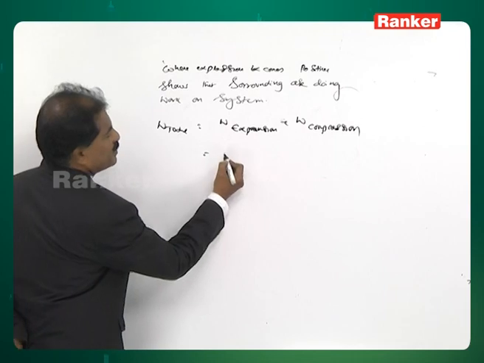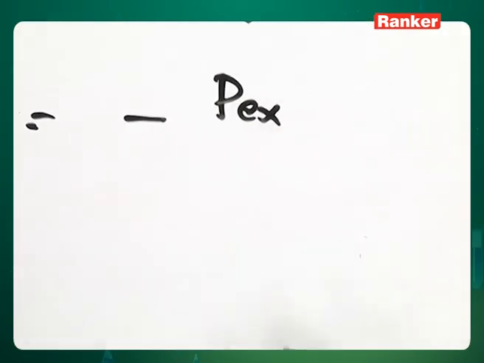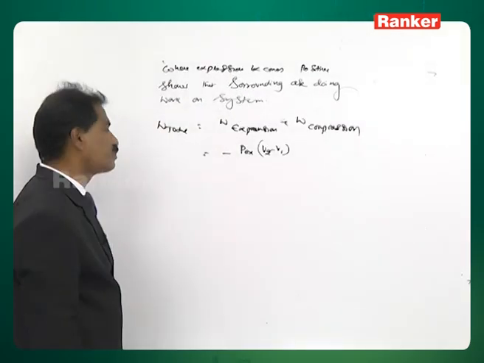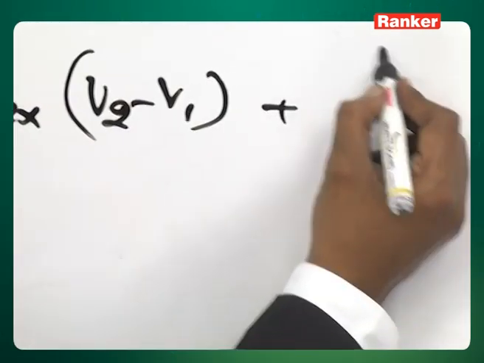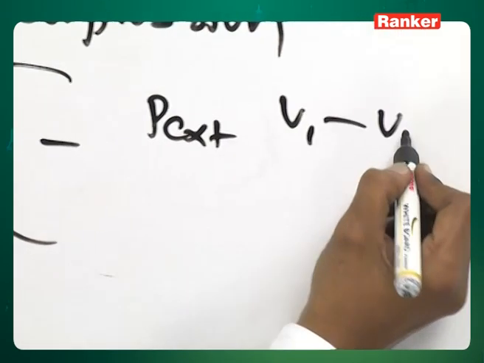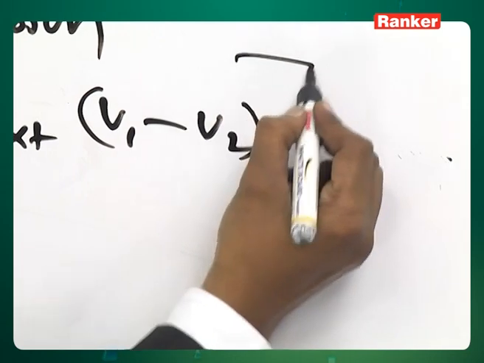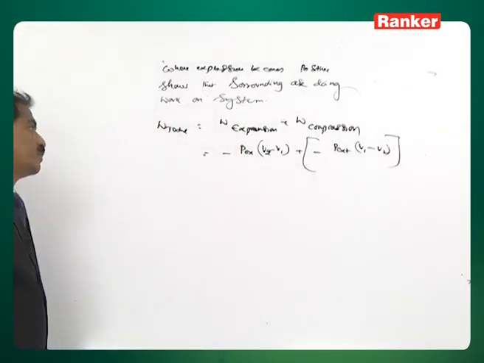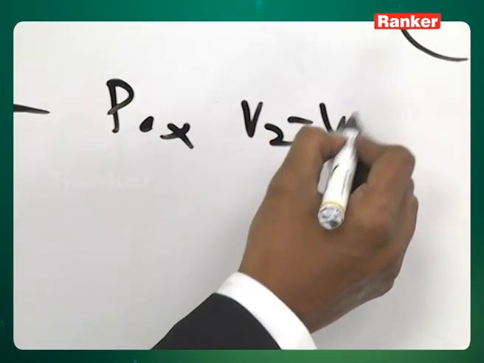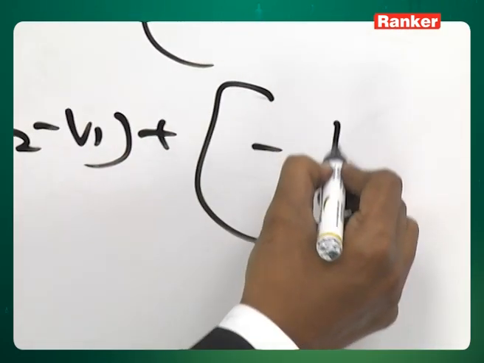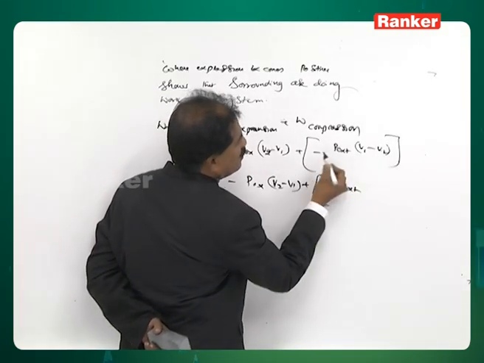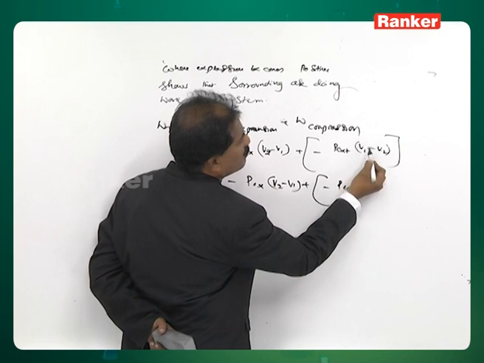Work involved in the expansion is minus P external, V2 minus V1, plus minus P external, V1 minus V2.